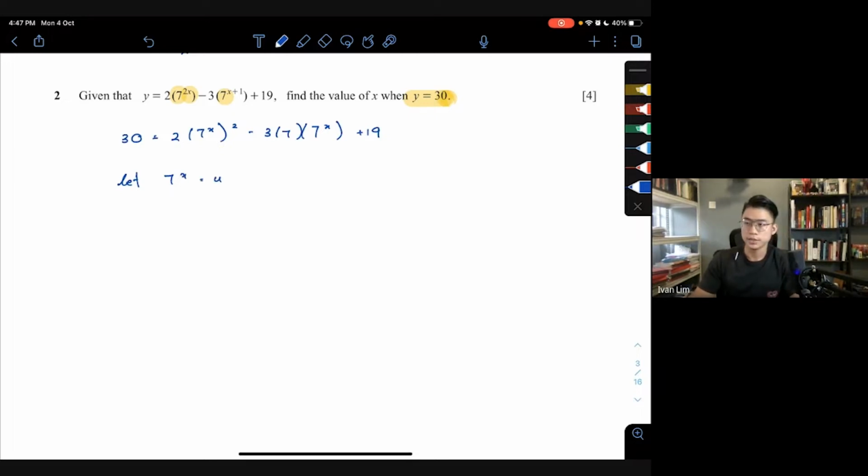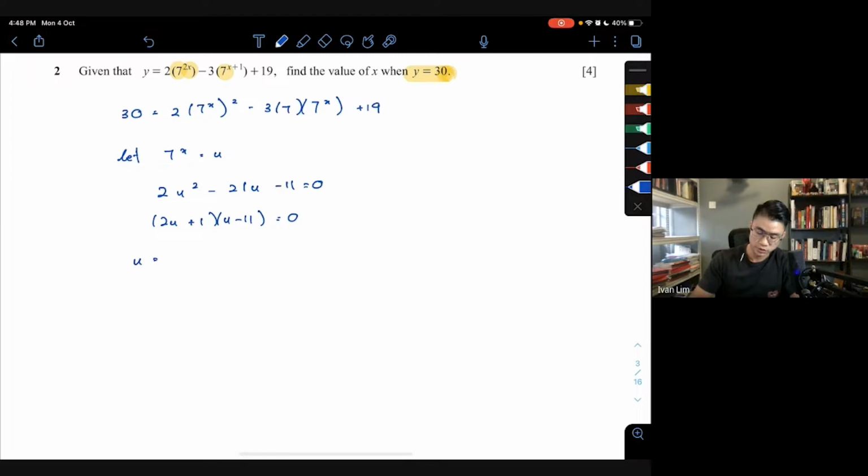Then we use the let method. Let 7 to the power x equal u. You can write it as 2u squared minus 3 times 7, that is 21u, plus 19 minus 30, which becomes minus 11, equals 0. You get (2u plus 1)(u minus 11) equals 0.